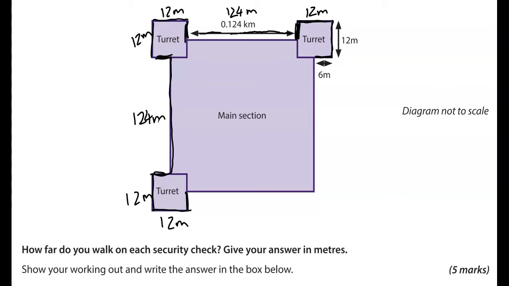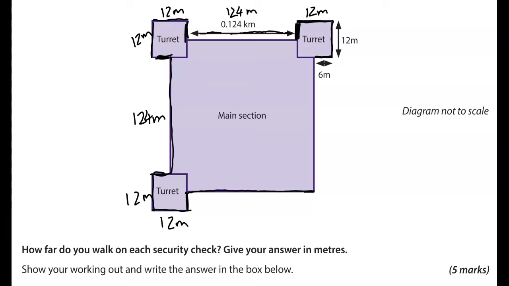What about this one? This one will be a bit longer than 124 meters because we haven't got a turret here right at the end on the right. So we said that this was 6 meters. So this length here at the end will be 6 meters as well.